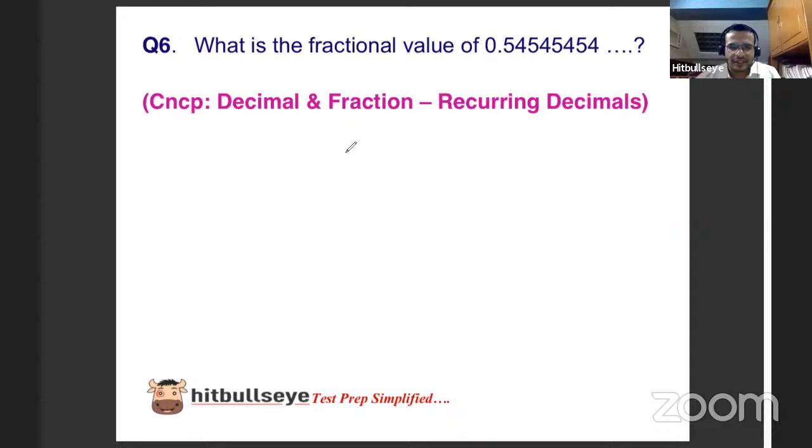So my fraction is 0.54, 54, 54, and so on till infinity. Now I can also write the same thing in the bar fashion. I put a bar on top of the values which are repeating, and that is my way of representation. Now, if I have to write it in fractional form, how do we go about it?